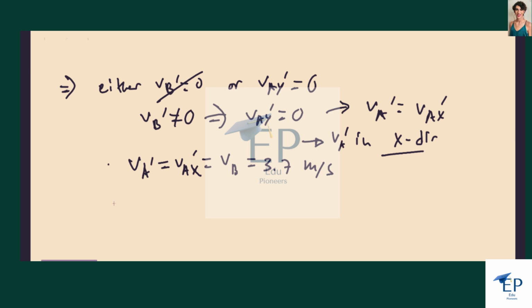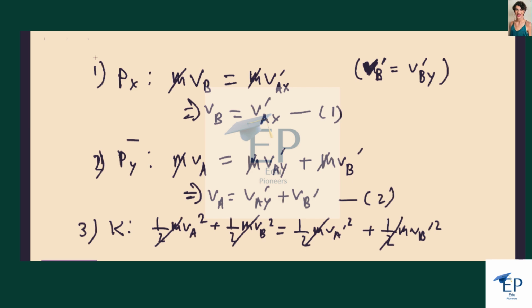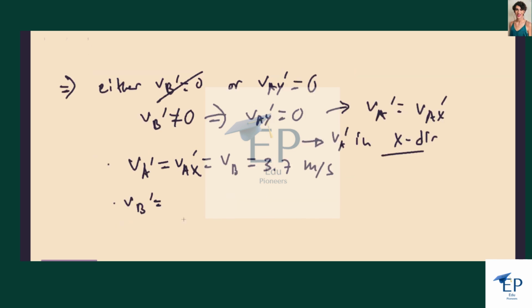So there's that. And vB prime, from equation 2, is vA minus vA y prime, but vA y prime is nothing. So it's just vA, which was 2 meters per second. And that's it.